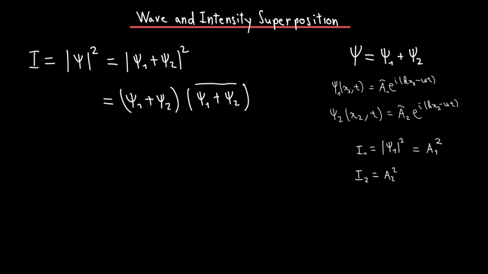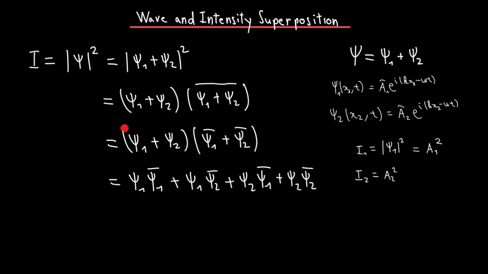You might see other people use the star notation to show that it's the conjugate, but I prefer the bar notation. Now, the conjugate of the sum of two complex numbers is just the sum of the conjugates, and therefore we have psi1 bar plus psi2 bar. Distributing the product gives this expression over here.